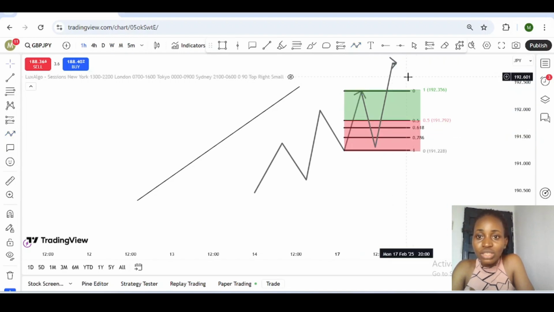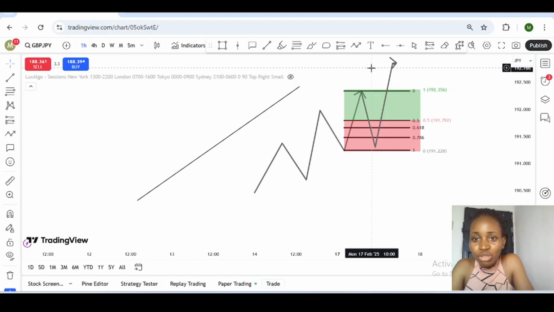So we have what is called shallow retracement. Shallow retracement is when price did not even get to this 50% before the next continuation to the upside. Let's say price just retraced a little, maybe to the 38% Fib level, before the next push. That's shallow retracement, which means price retraced from the premium.